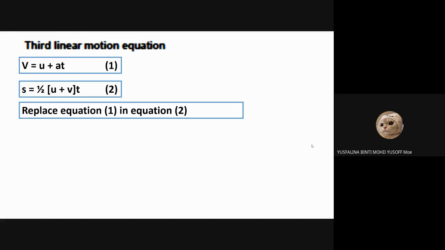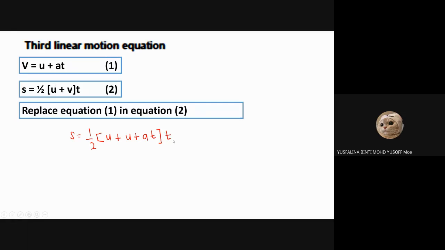We already know v is equal to u plus at, so s is equal to 1 over 2, then u, and for v we replace with u plus at, and then t here.